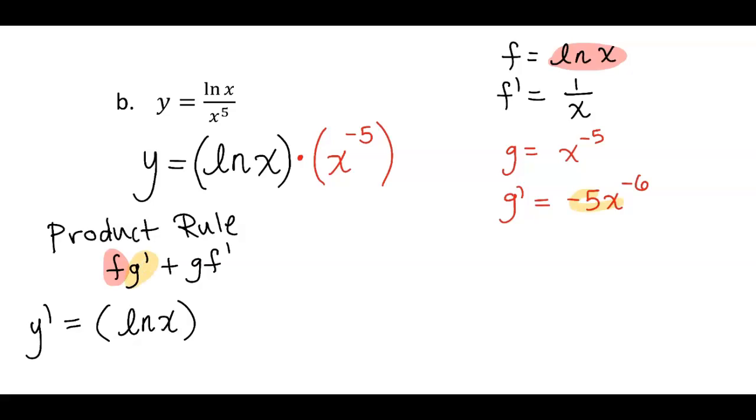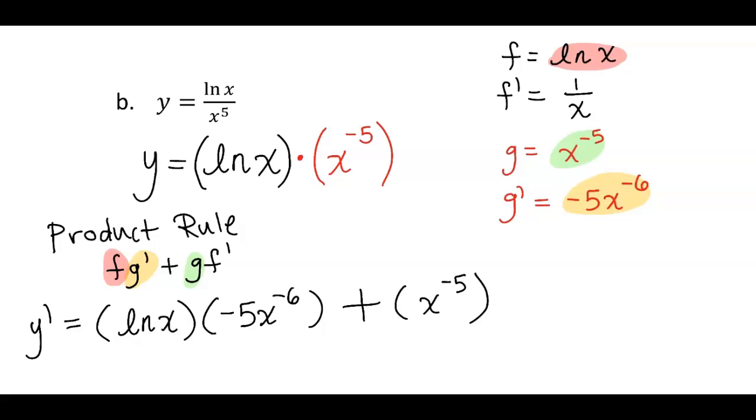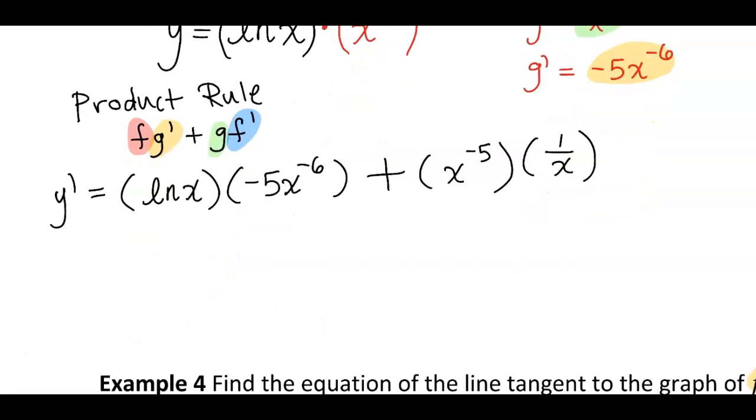G prime, which is negative 5x to the negative 6th power, plus sign after that, and moving on to g, which is x to the negative 5th power, getting multiplied by f prime, which is 1 over x. And as you can see, we have some simplifying to do, don't you think so? All right, let us simplify this then.